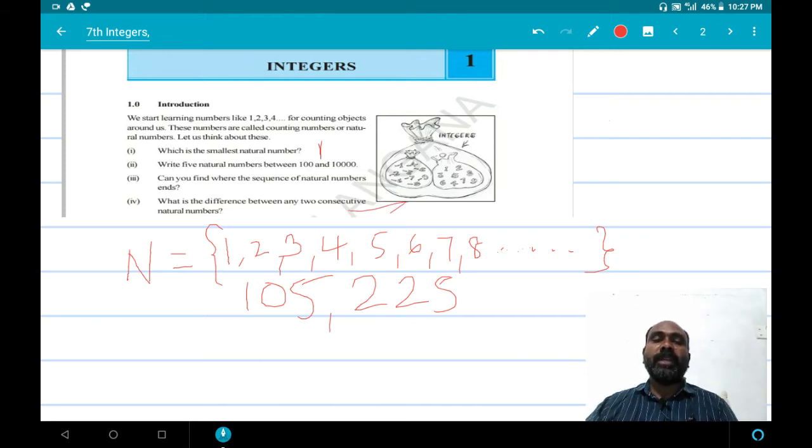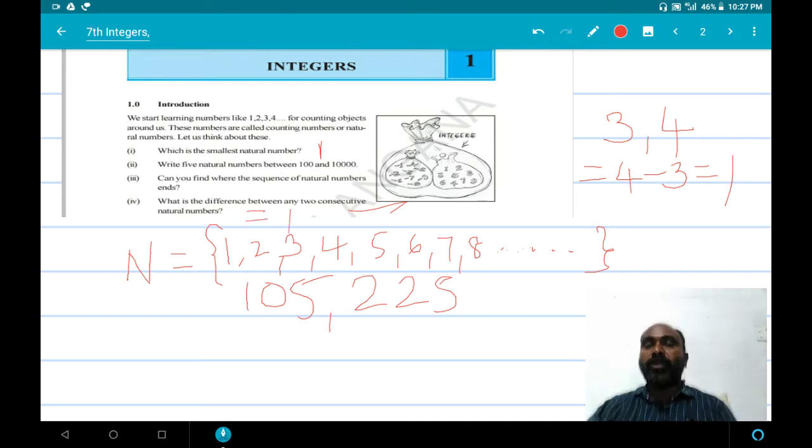Suppose we take 3 and the next one, 4. These are consecutive numbers. The difference is 4 minus 3 equals 1. Okay, understood? The difference between any two consecutive natural numbers is 1.